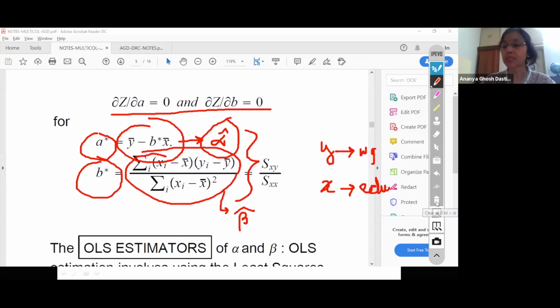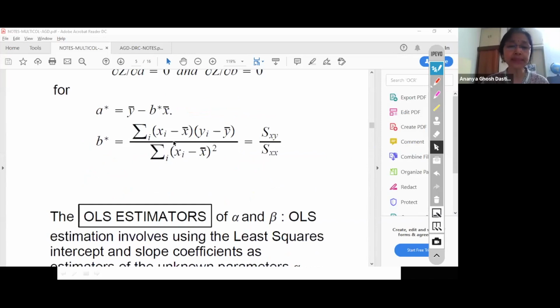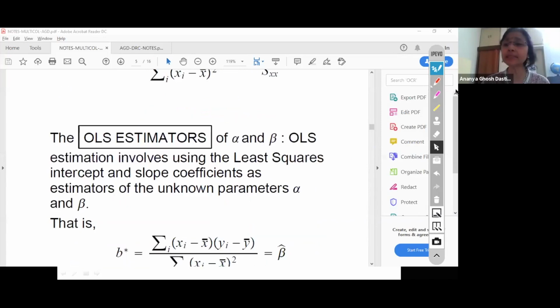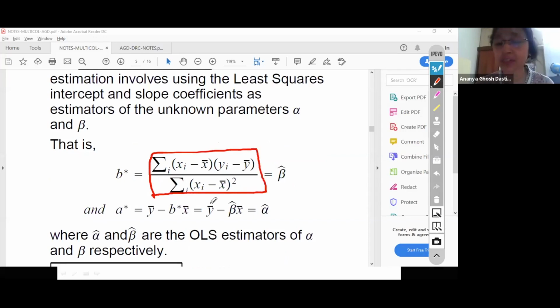So that's the amount that I want you to recall at this stage: remember, an estimator is a formula, it's an equation. Using this estimator, I get beta hat and alpha hat when I have some data.